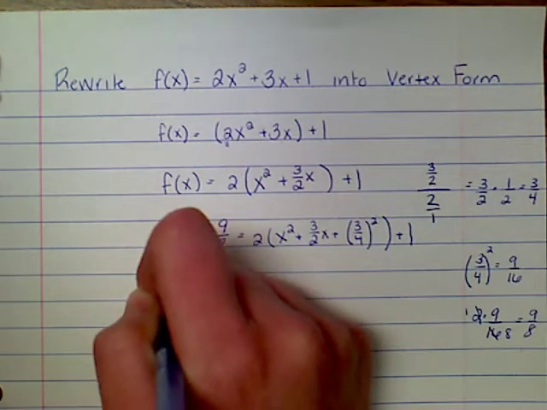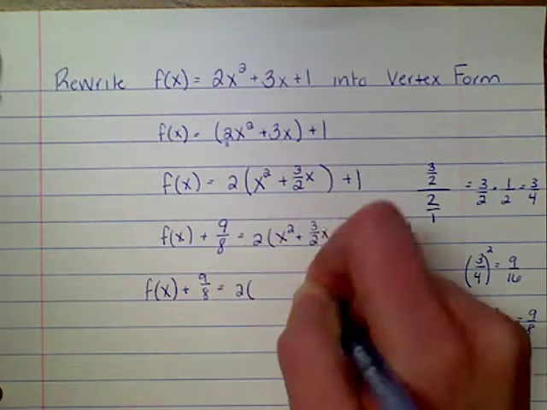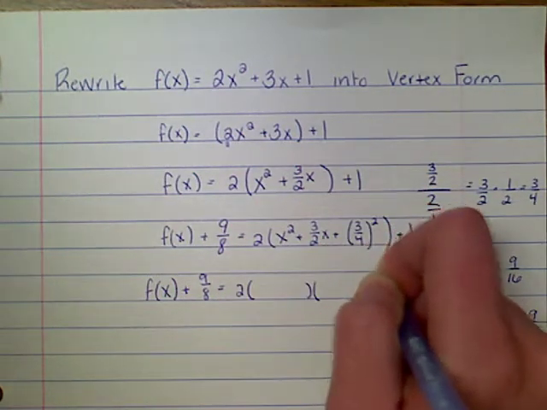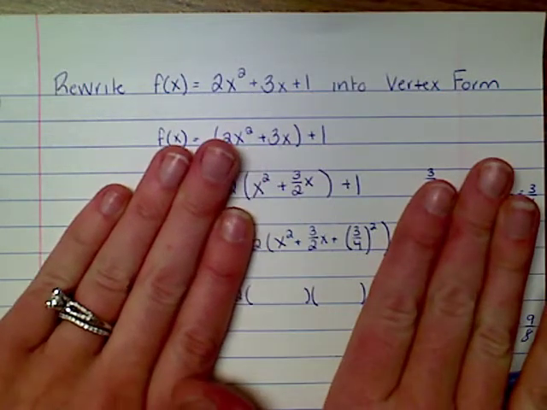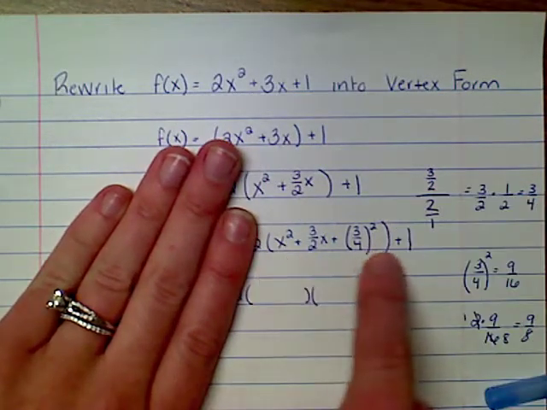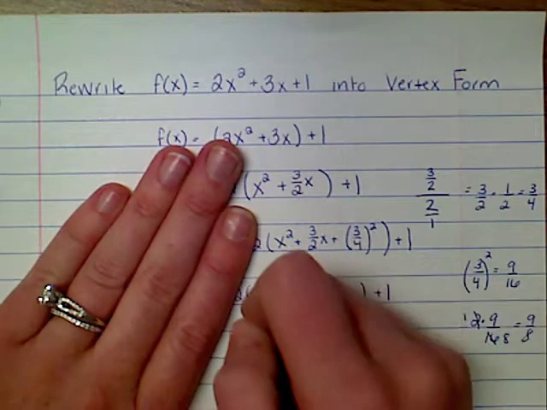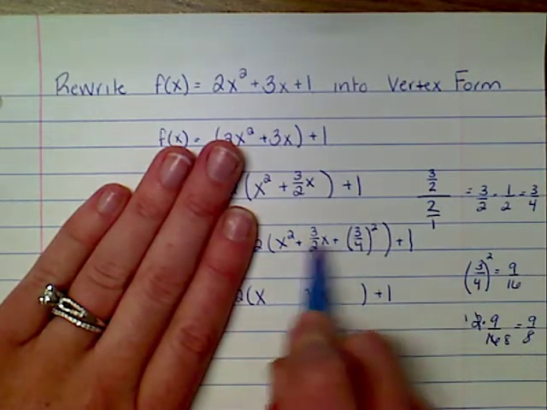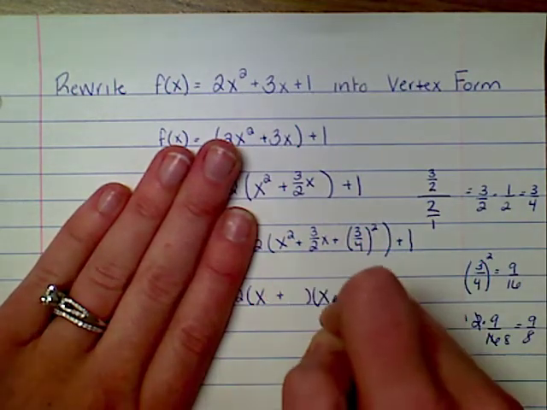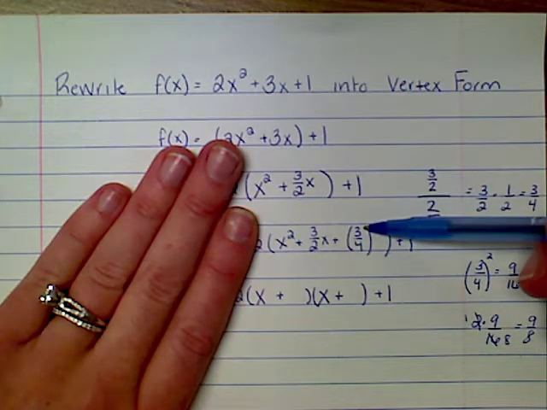So right now this is looking pretty ugly. But what we're going to try to do is take what's in the parentheses, kind of ignore the rest, and try to factor this. So to create the x squared, we think x and x. Now notice these are both pluses, so these both have to be pluses. And we're multiplying to 3 over 4 squared.